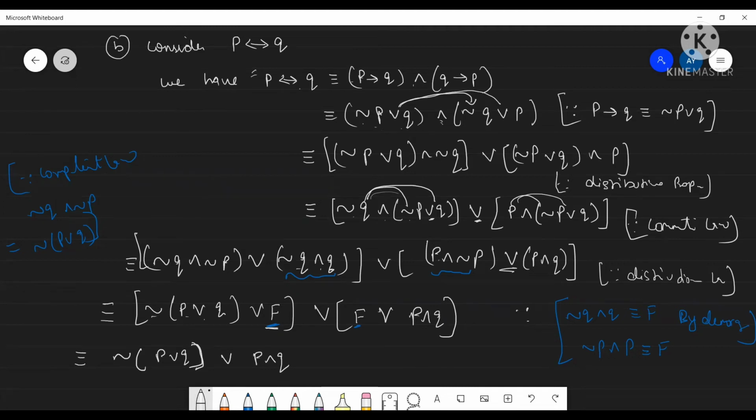By the identity law, you'll have negation of P or Q, or P and Q. So this is equivalent to P or Q implies P and Q. Am I clear till here? This is the solution. Hence proved. If you want to solve these kinds of questions, you have to be perfect with the different types of laws. Am I clear?